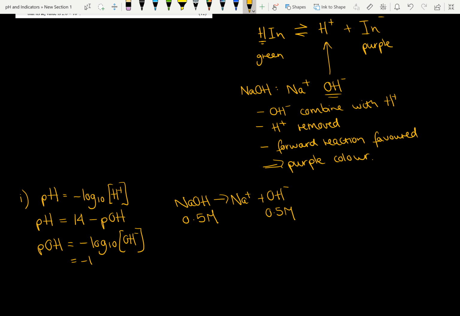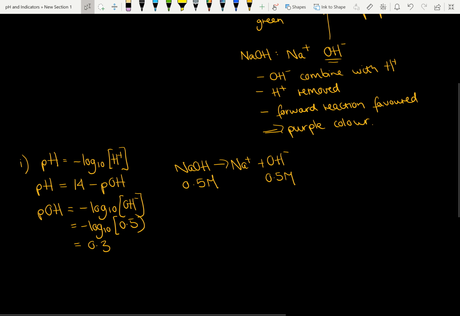So we can calculate the pOH by finding minus log to the base 10 of 0.5, and that's going to give us an answer of 0.3. And now we need to put that into our equation for pH equals 14 minus 0.3, which is going to give us an answer of 13.7.